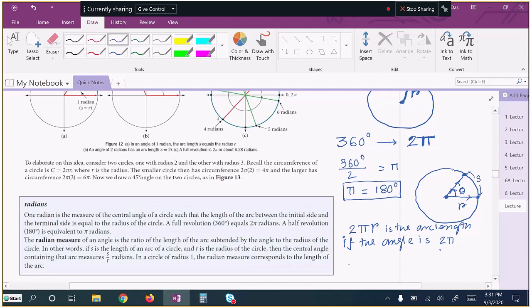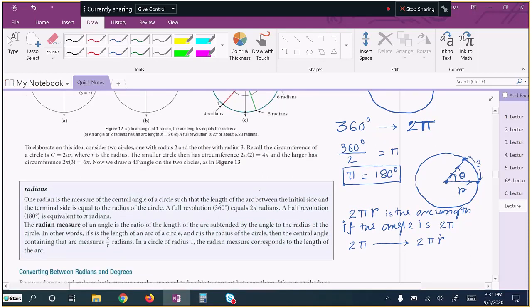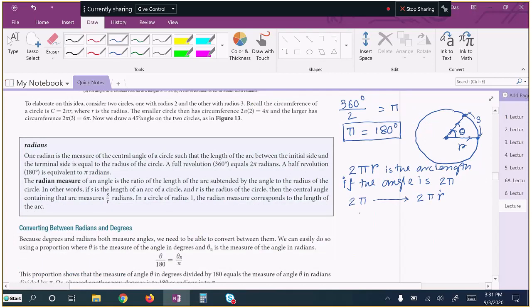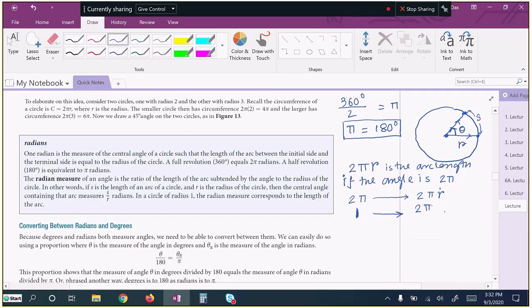That's a simple calculation. 2 pi being the angle, the arc length is 2 pi r. If I want to know the arc length when the angle is 1, how do I change it to 1? The total arc length was 2 pi r, so now I divide 2 pi r by 2 pi.